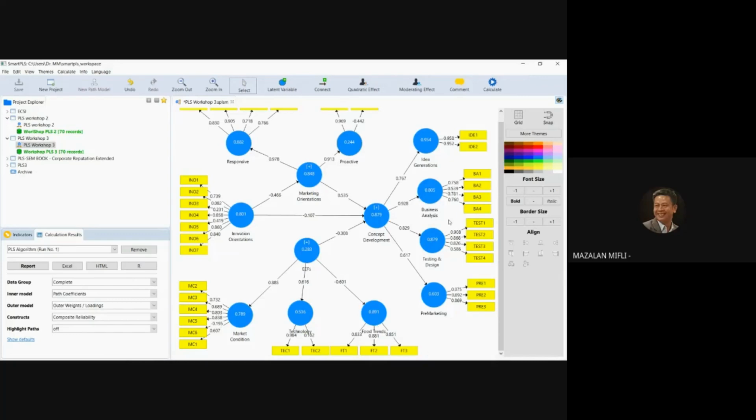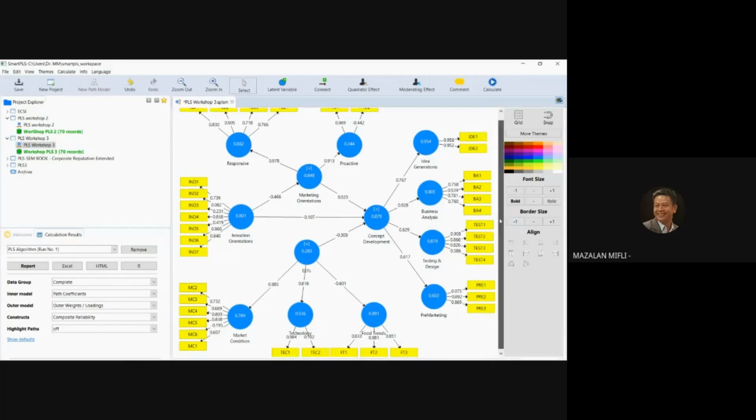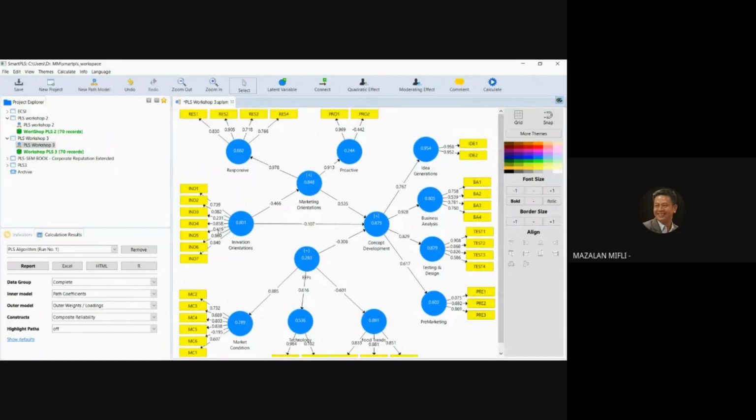From here, we'll be able to see the loadings. Let's go for the R square. So there you go, they are R squares. They look logically fine.